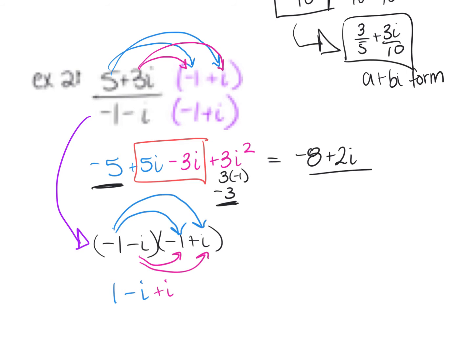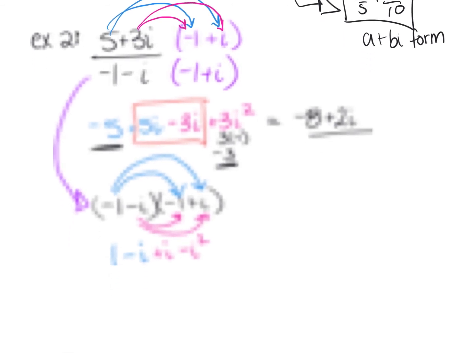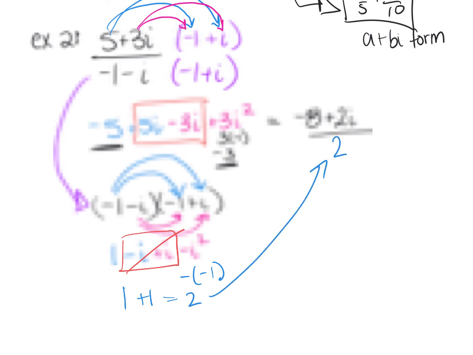Negative i times i, oops, negative i squared, right? So my negative i plus i cancels. I have 1 minus negative 1, so that becomes plus 1, which is 2. That goes in my denominator.